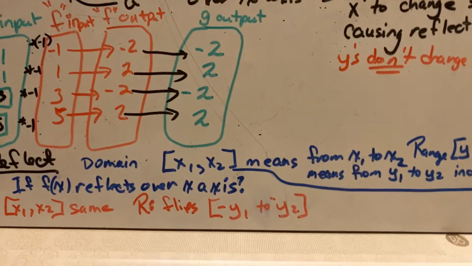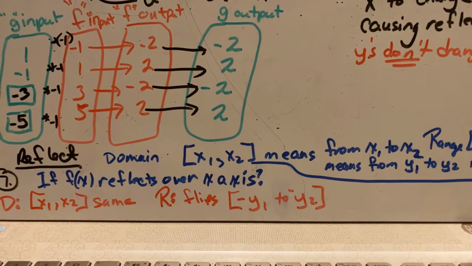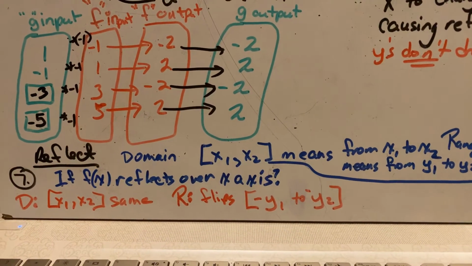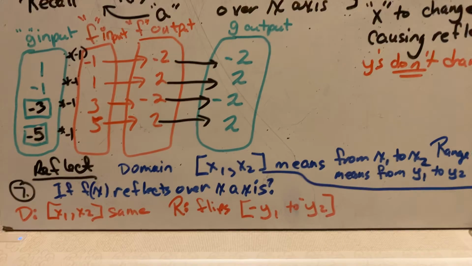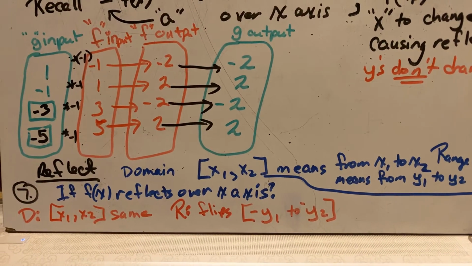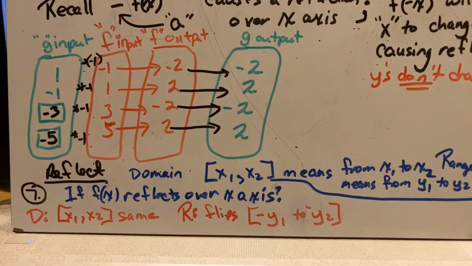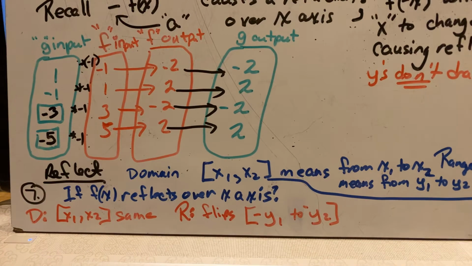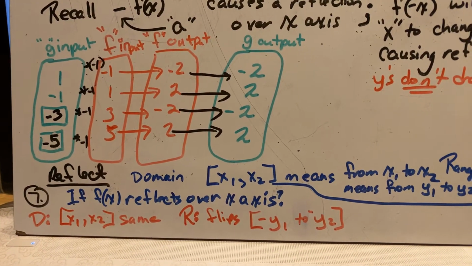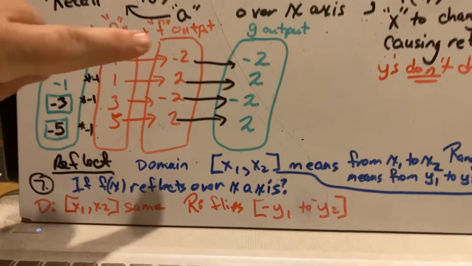If f of x reflects over the x-axis, what's going to happen to our domain and range? Our domain is going to remain the same, but the range is going to flip, and so my y values become negative y1 and negative y2.